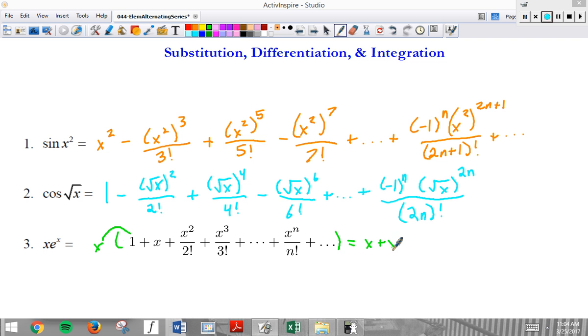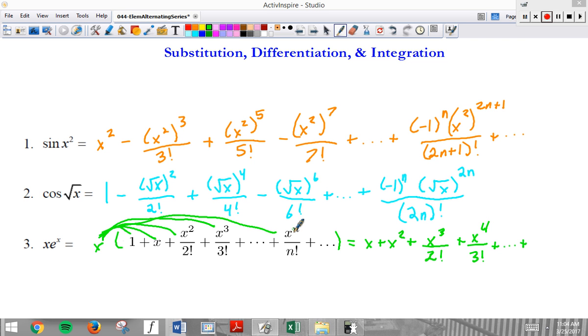X plus x squared plus x cubed over 2 factorial. See, I see the connection between the power and the factorial so much that I do it even when it's wrong. X to the 4th over 3 factorial plus dot dot dot. Now what's x times x to the n?